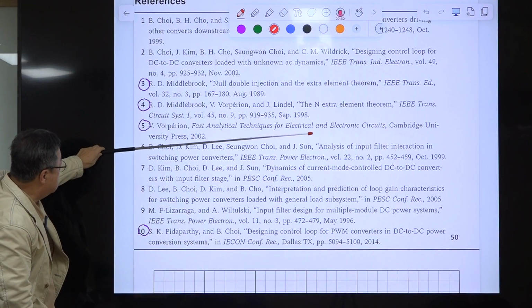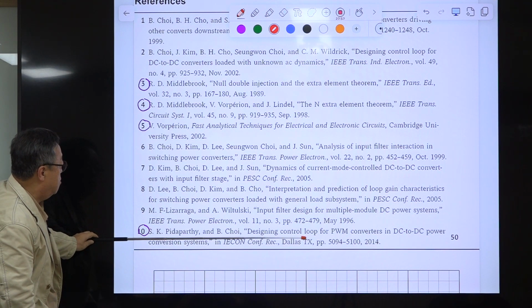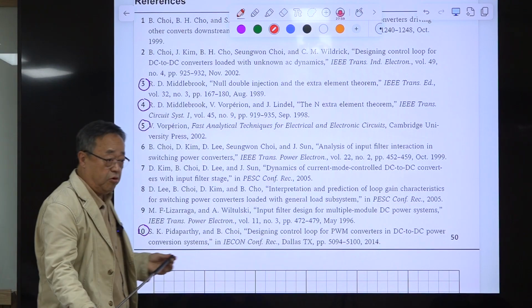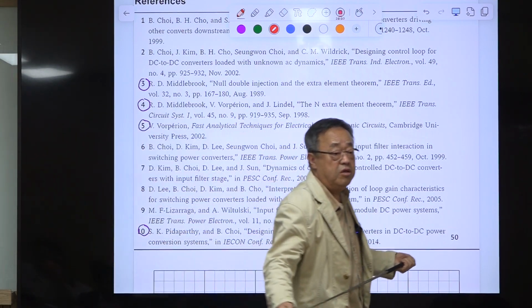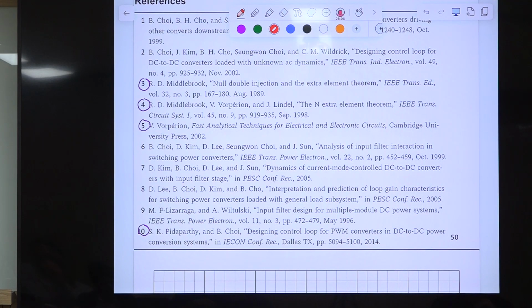And this is some introductory paper, and this is the paper saying the design of the uncoupled converter is practically the same as the design of the resistive loaded converter. That is also important. The result is extremely simple.